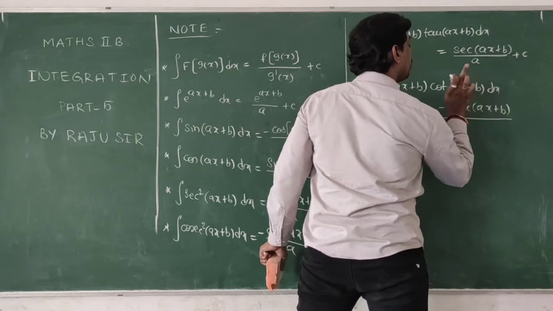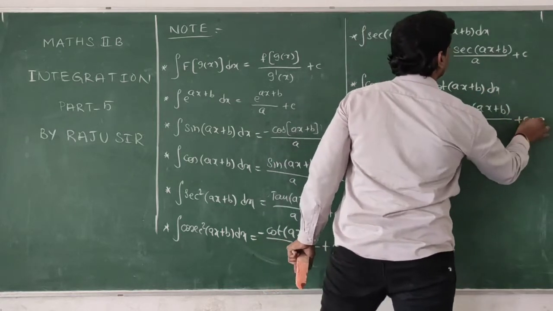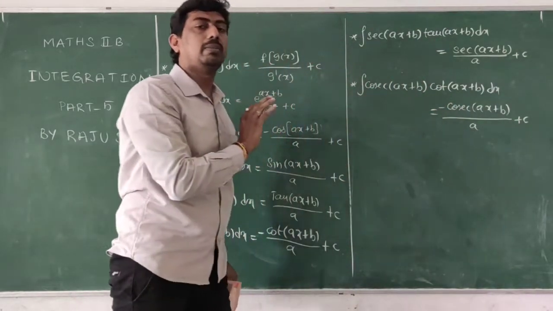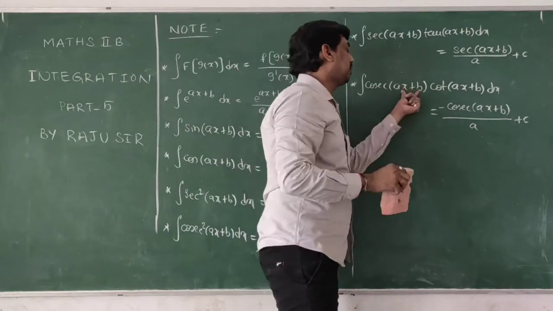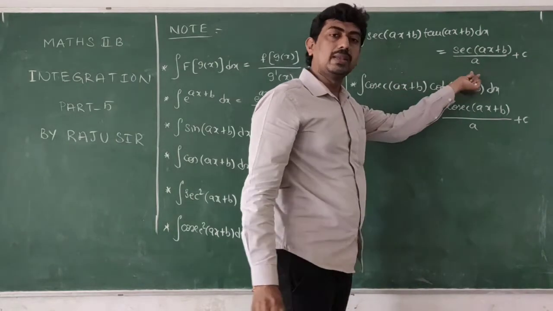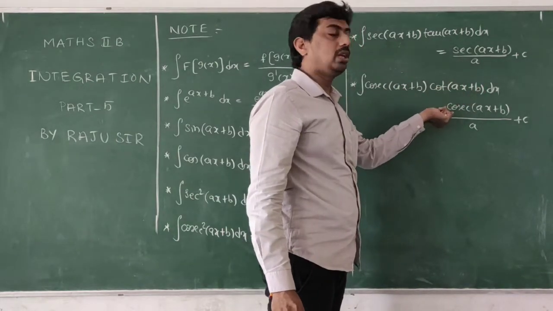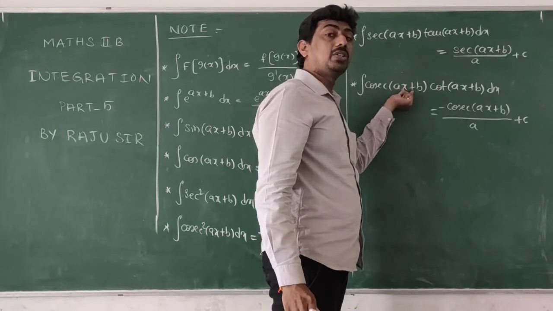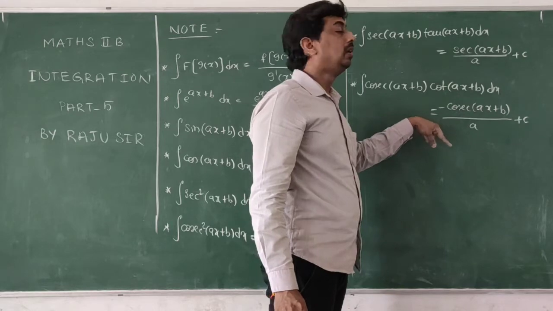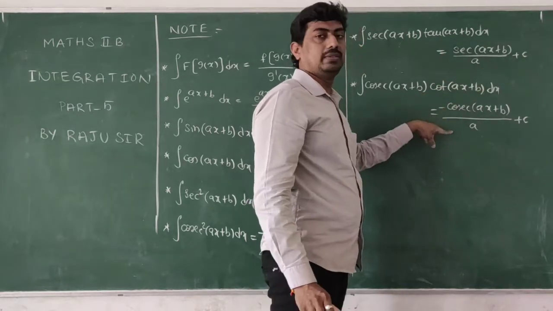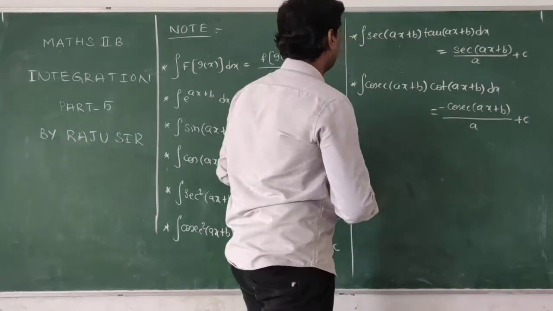The ax plus b derivative is a, that's why it is in the denominator. Just simply remember like this: in differentiation, we write the internal function derivative as a product, but in integration, we write the internal function derivative in the denominator. In that one product, here division. That is the difference. Okay.